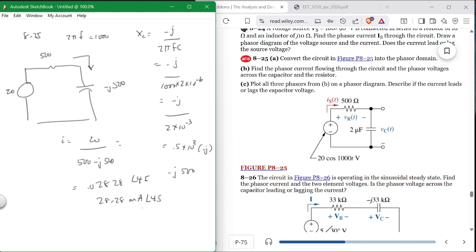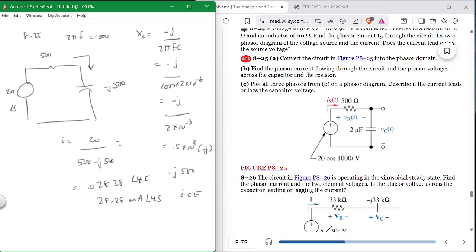All right, so that's about right because this is equal to this, and at 45 degrees, you're in good shape. So the other question you can ask is, do I have the angle right? Is current leading in a capacitive circuit, and you've got ICE? Current leads voltage in a capacitive device, and in this case, the I is 45 degrees ahead of the V, because the V here is at 0 degrees.